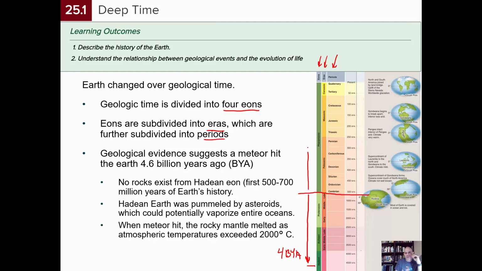Going forward all the way to present only represents about 0.5 billion years of time, which is 500 million years, right? So the point here is that going back in time this way, that amount of time is actually 8 times greater than what you see above the line. In other words, the diagram changes scale on us.